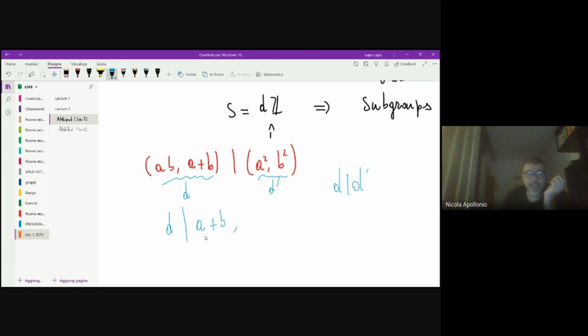In particular, it divides any multiple of A plus B. And why not the multiple A times A plus B? So D divides, I choose as S A and T 0. This is a special linear combination.